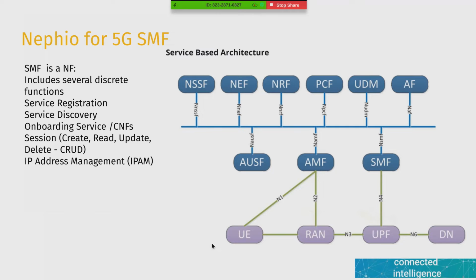The user plane is aggregated. If you have user equipment, a mobile phone or a tablet or whatever, you connect to the radio access network through the access management function, where you get authenticated. Then the RAN passes it on, connecting the UE to the data network or to the application, where a packet tunnel is established at layer 2 and then passes on to layer 3 and on to the full stack, so that the session can be managed.